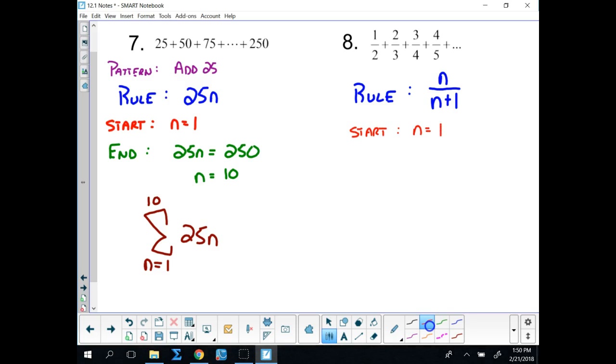Where did you end? It does say. It ends at infinity because of the dot, dot, dot. So putting that one in sigma notation, n would equal 1, and it would go to infinity of my rule, n over n plus 1.